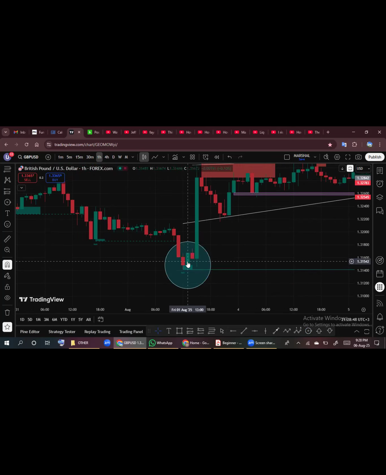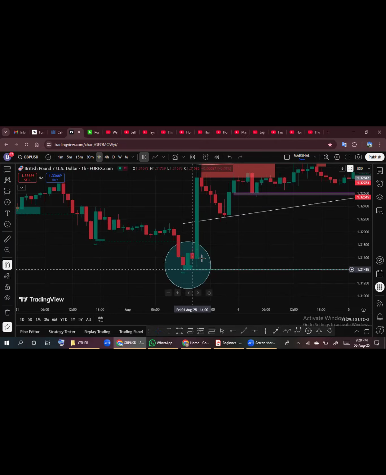If you understand the candlesticks, you will know that the market is about to reverse. Two reasons why. This particular candle is the engulfing candle. This particular candle here again is the inverted hammer. So these two candlestick formations.